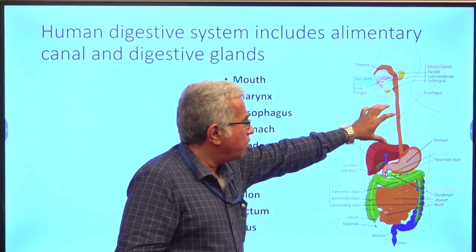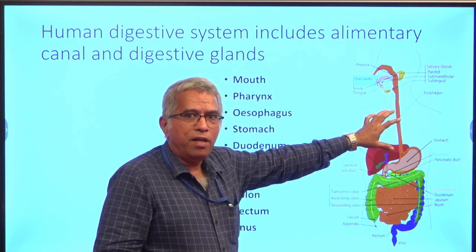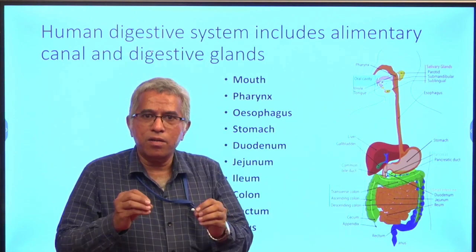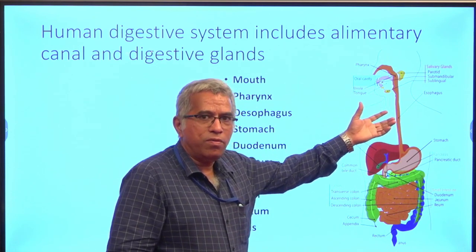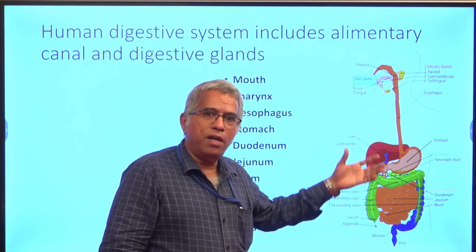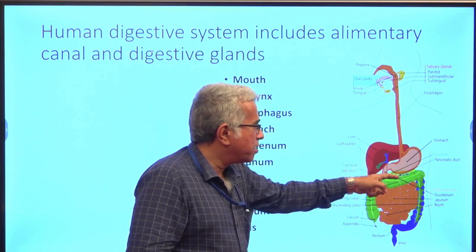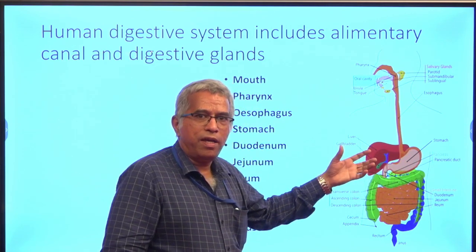This esophagus exhibits certain rhythmic involuntary movements, and these are called peristaltic movements. This is also called peristalsis, and this peristalsis starts from the esophagus and ends with the rectum. So it's a continuous process. It is involuntary. And this esophagus leads into the stomach, which looks like a bean.